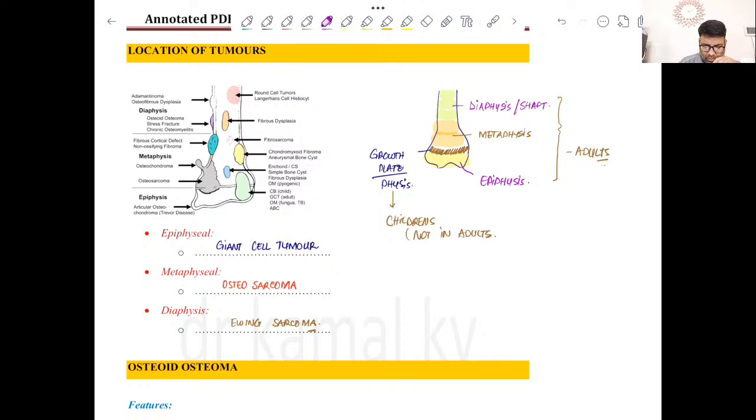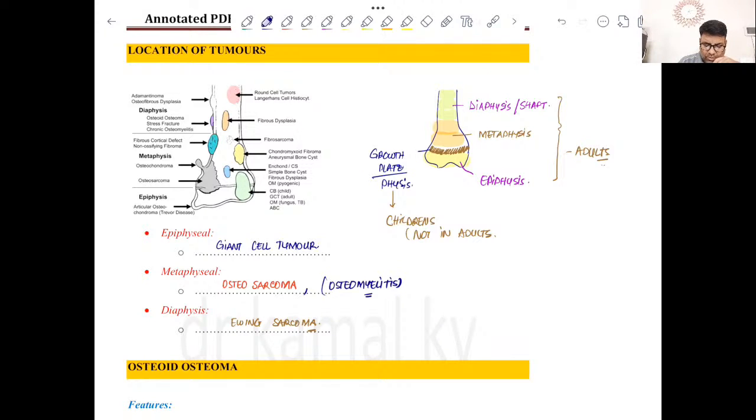So from metaphyseal, you can remember one more condition, that is, from infective, this is not a tumor actually, so that is osteomyelitis. We already discussed about that. So this is not a tumor actually, this is just one condition which is related to metaphysis, right?